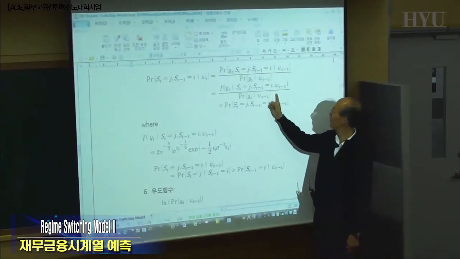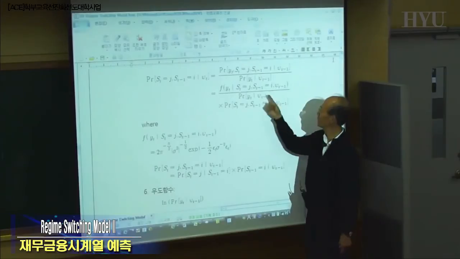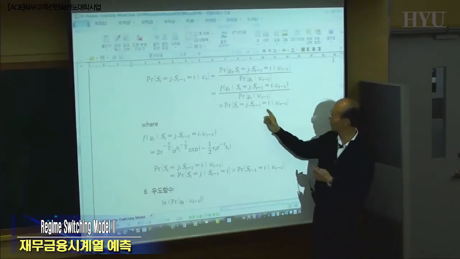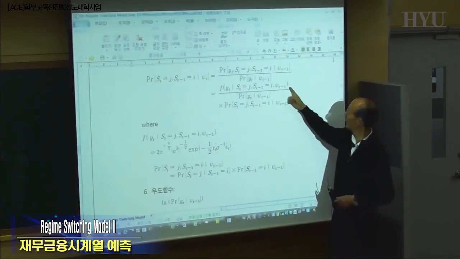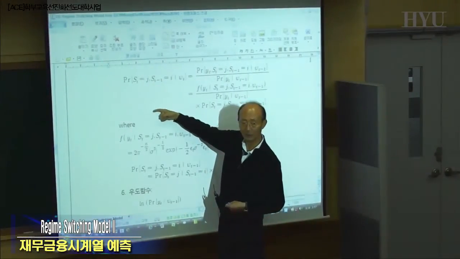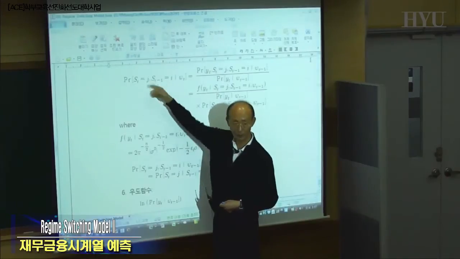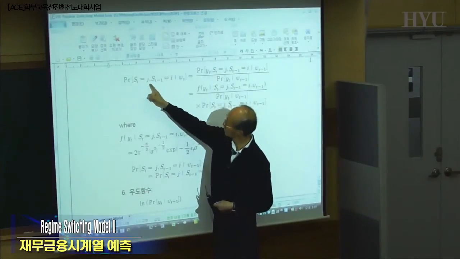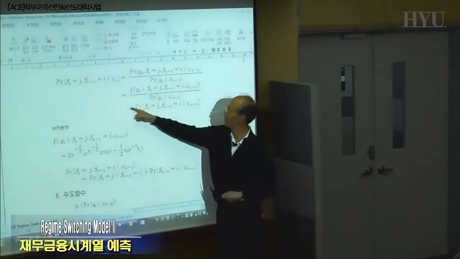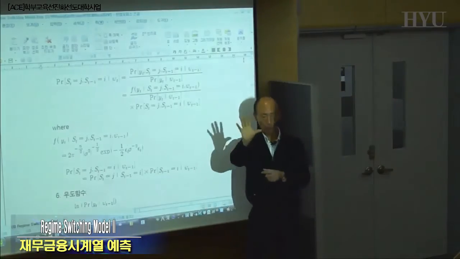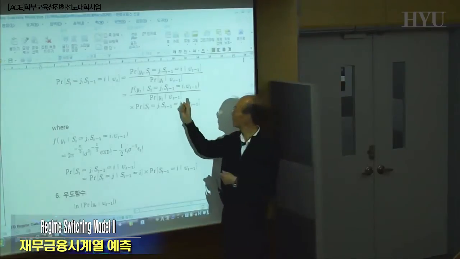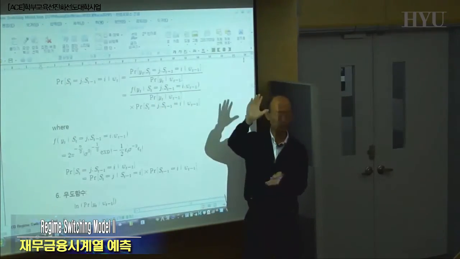But as I said, we are considering 4 possibilities here. In the numerator there are 4 numbers: 1, 0, 0, 1, the 4 possibilities. So this part times that part will have 4 possibilities. The denominator is simply the sum of those 4 possibilities.